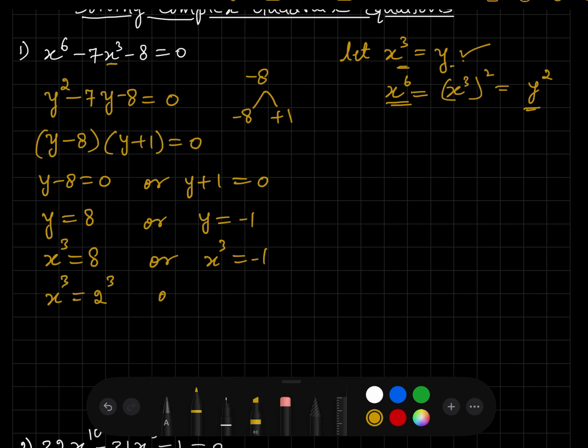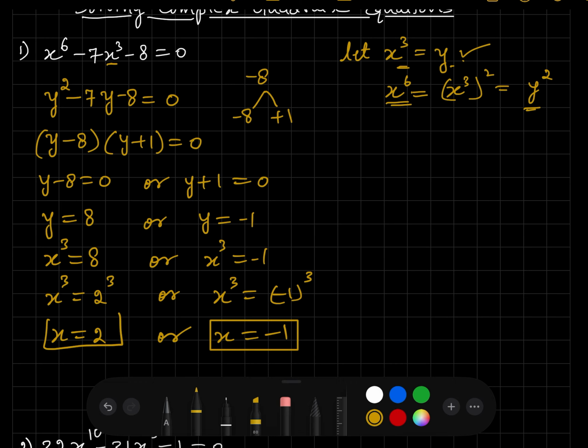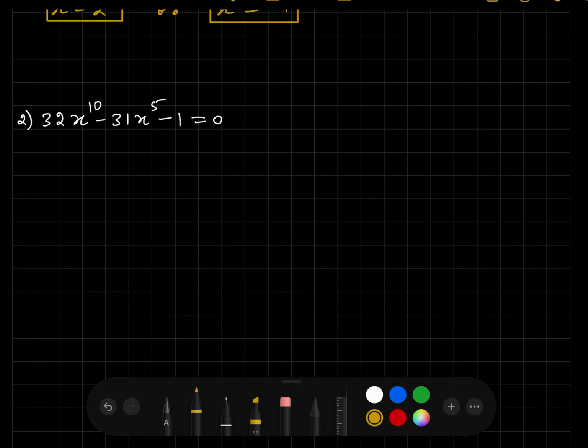And negative 1 can be written as negative 1 raised to the power 3. So either x is equal to 2 or x is equal to negative 1. So that simple it is. Hope you understood. Let us solve a few more examples, right?